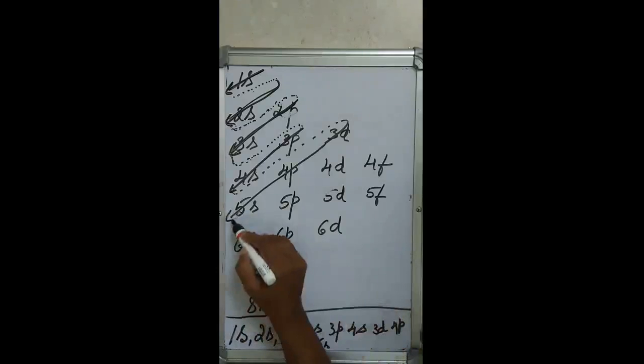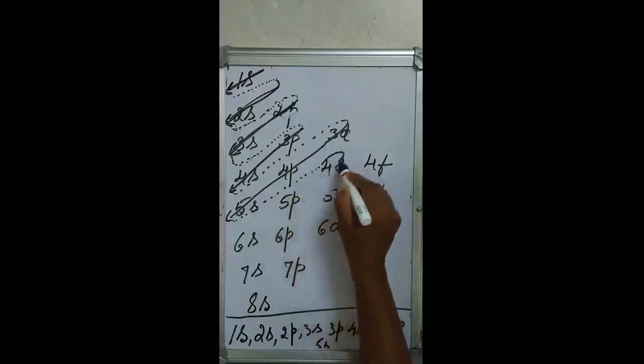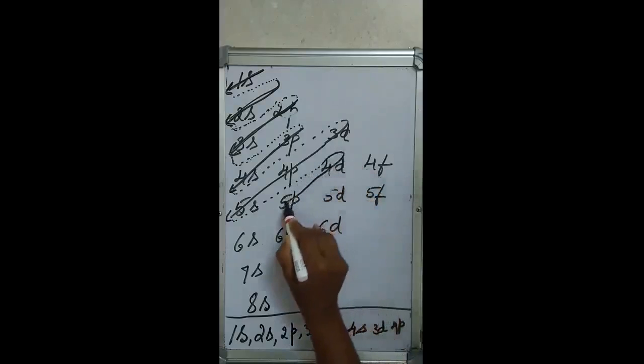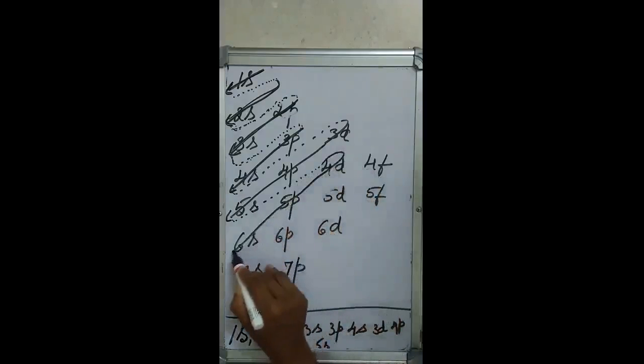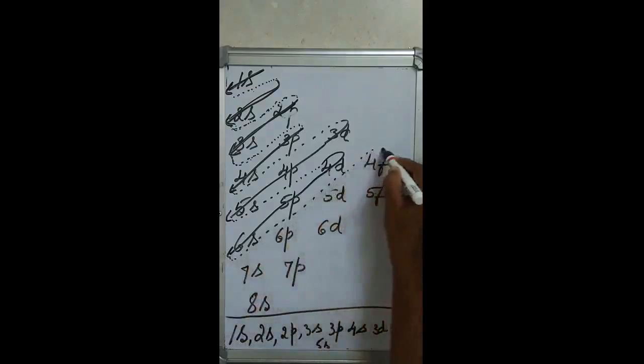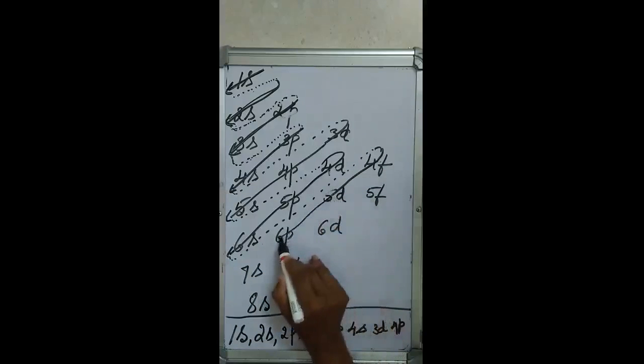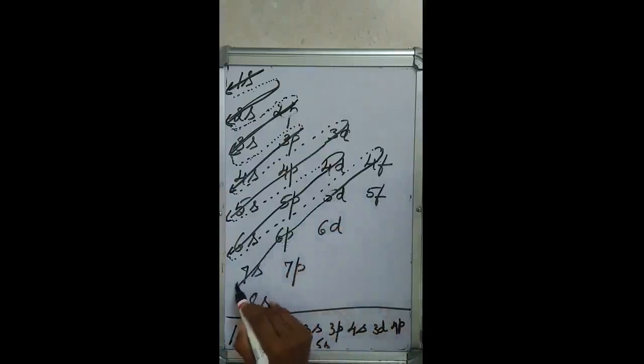I hope you understood. Then see like this. After 5s it is 4d. Then it is 5p, then it is 6s. Then see how I put the dotted line. 4f, then it is 5d, then 6p, then 7s.